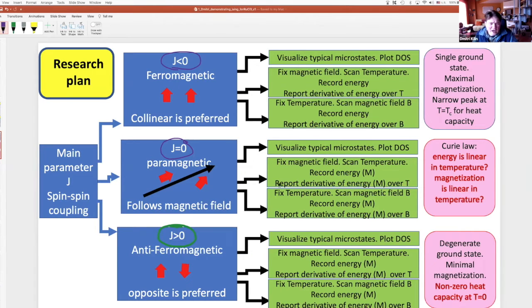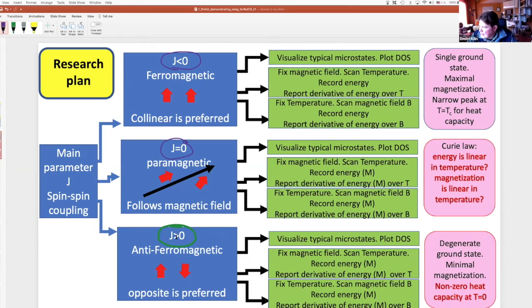Then after completing this test, one can explore the model at a realistic value of the antiferromagnetic coupling, when the opposite direction of spins has the minimum of energy and is preferred.